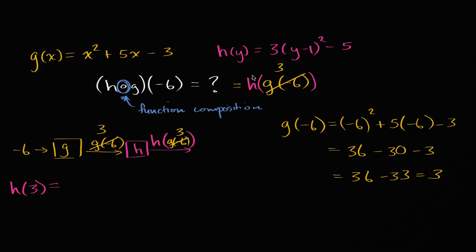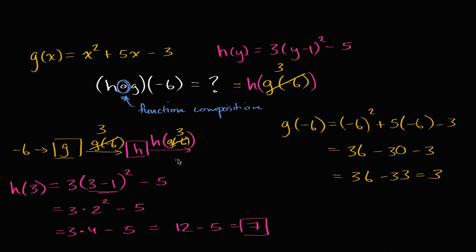So h of 3 is going to be 3 times 3 minus 1 squared minus 5, which is equal to 3 times 2 squared, minus 5, which is equal to 3 times 4 minus 5, which is equal to 12 minus 5, which is equal to 7.